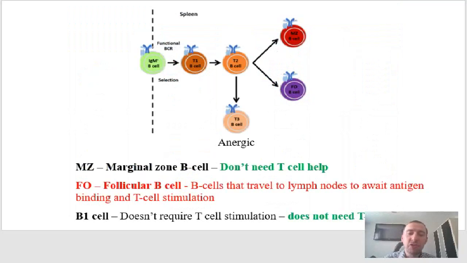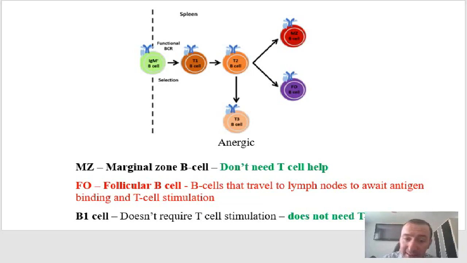So now that the immature B cell has left the bone marrow, it makes its way towards the spleen. Upon entering the spleen, it becomes a T1 cell, a transitional 1 B cell. Okay, and the transitional 1 B cell will undergo a check to make sure that it doesn't respond against self-antigen.